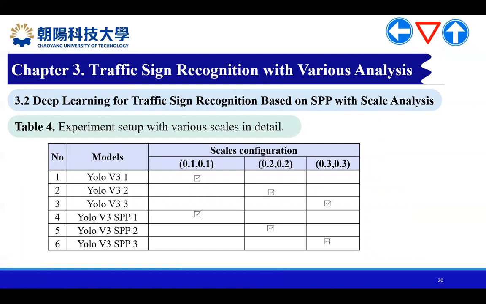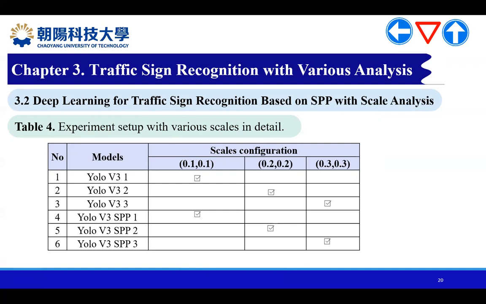The next analysis, we focus on the scale analysis. So, deep learning for traffic sign recognition based on SPP with scale analysis. In this experiment, I have 6 experiments set up with various scales. In the YOLO configuration file, it has the scales and we can change the scale.